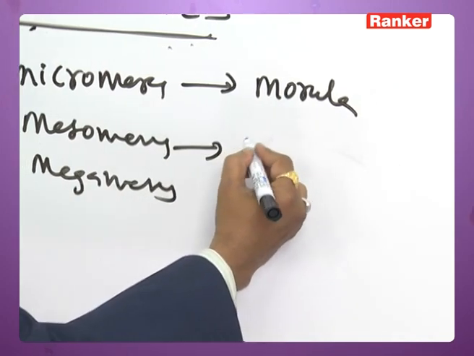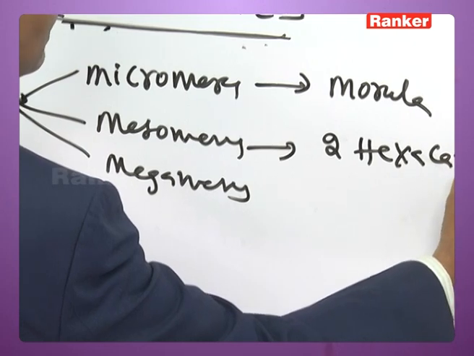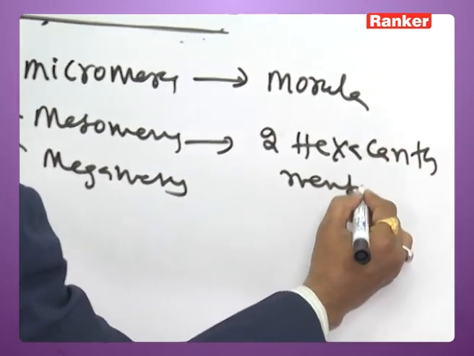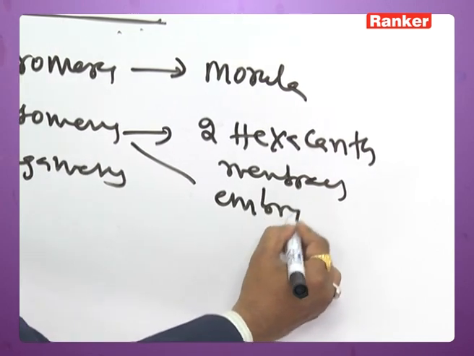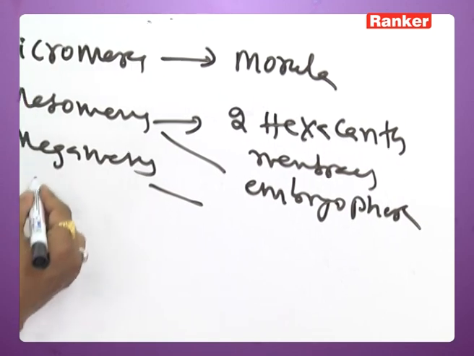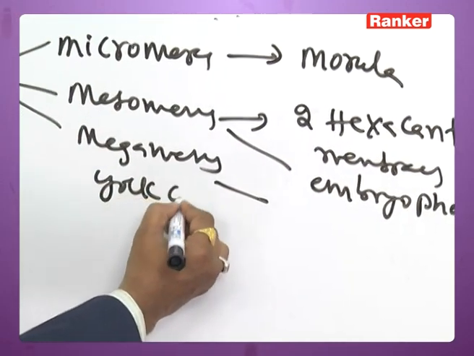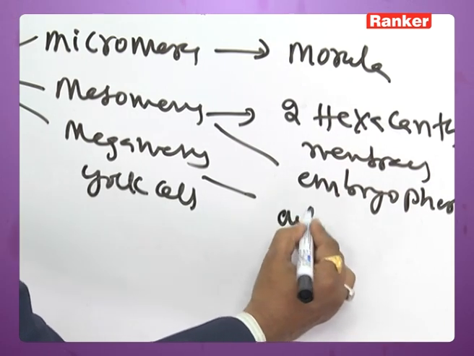The mesomeres give rise to protective layers, two hexacanth membranes and an embryophore. The megameres, along with the yolk cells, form the outer embryonic layer.